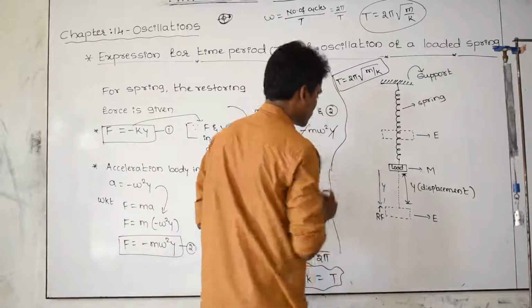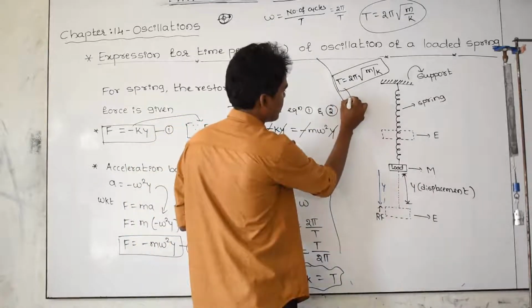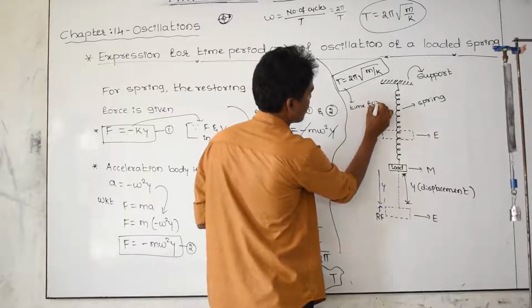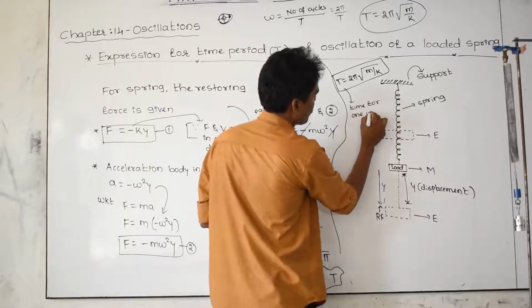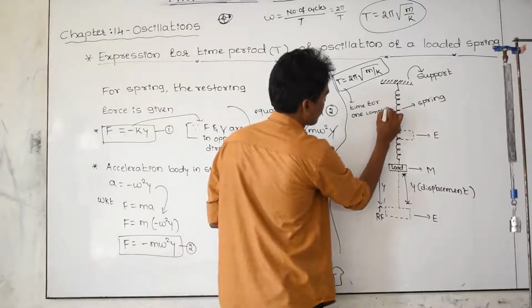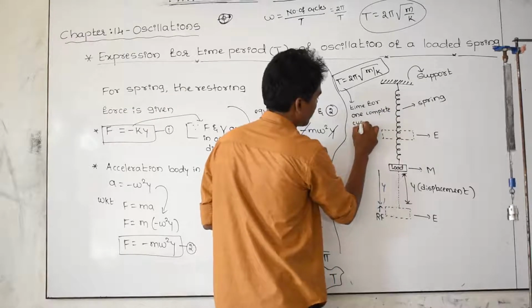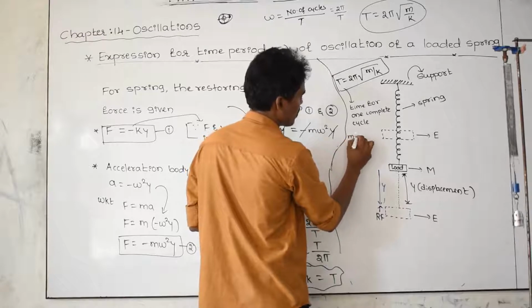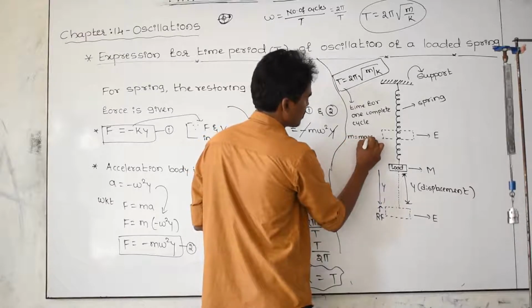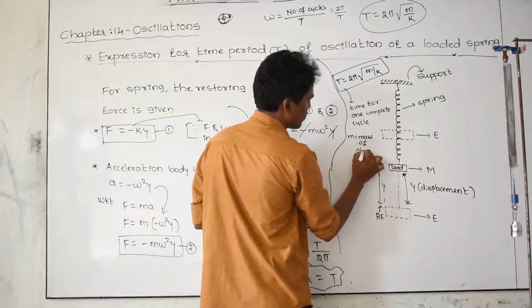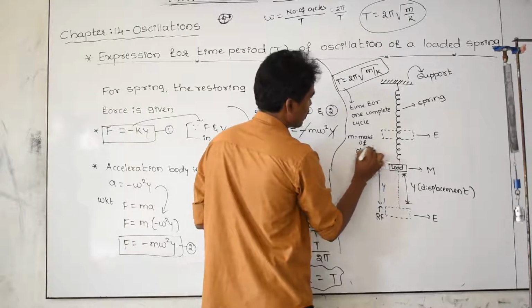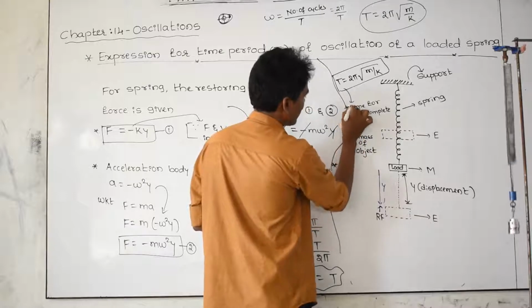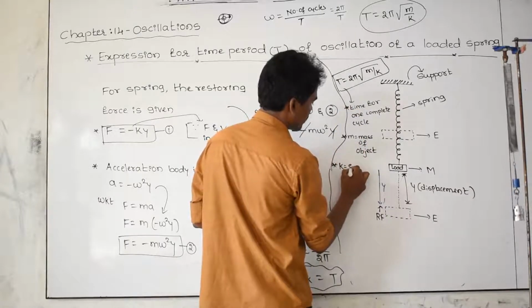T is the time for one complete cycle, and what is m? Mass of the object. And what is k here? K is the spring force.